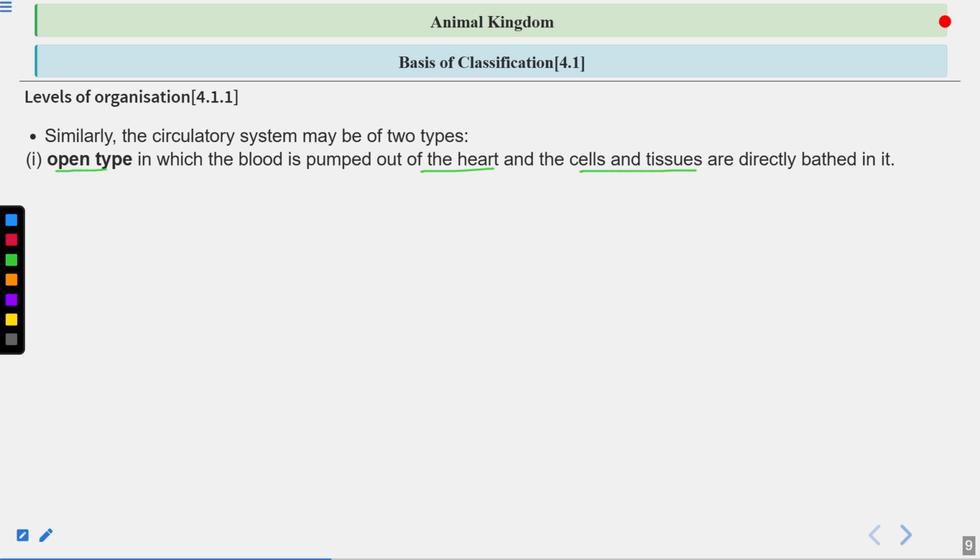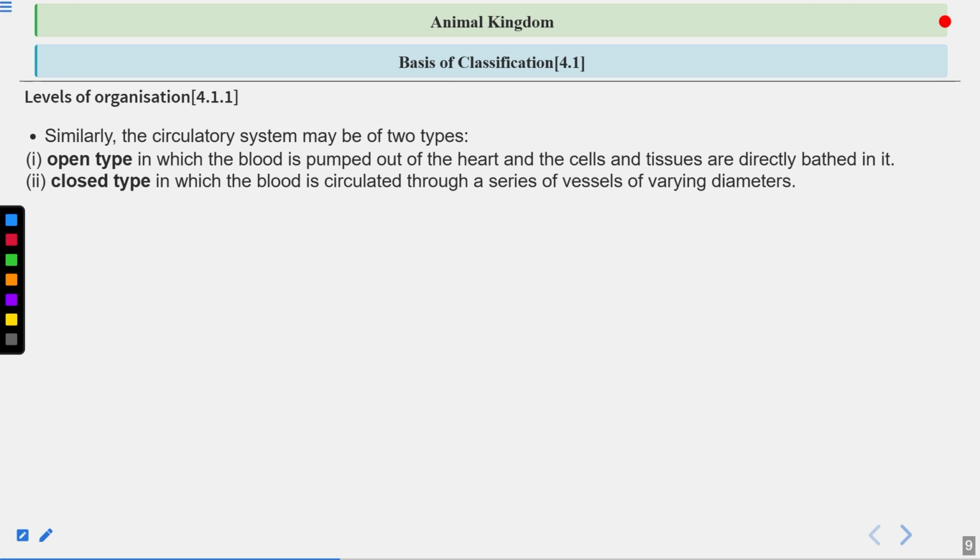Now we will see another type of circulatory system. Closed type. The blood is flowing in a closed form. Closed form means from the heart, the blood is circulated through every organ with the help of vessels.